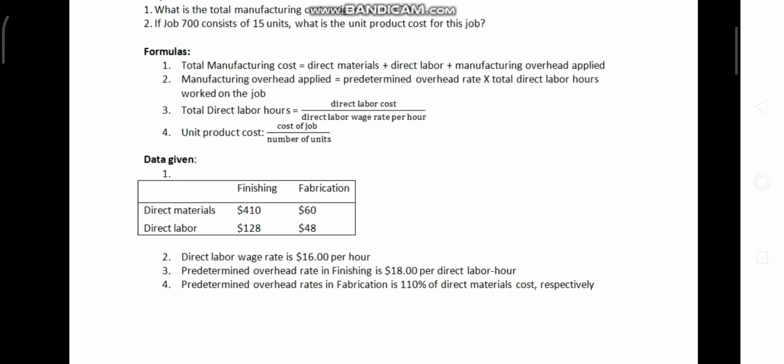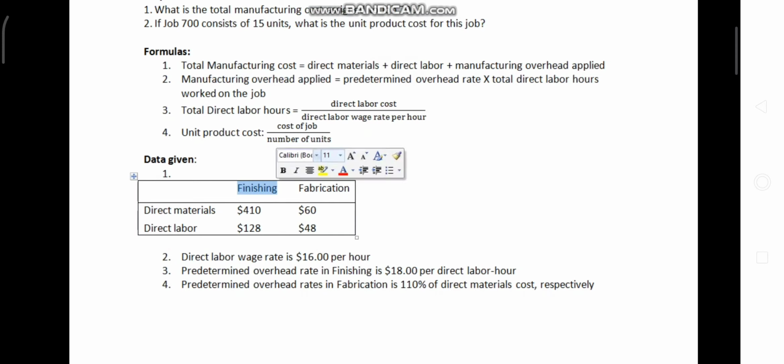Let's list that down. Direct labor cost 128, direct labor wage rate is 16, and the total direct labor hours is dividing these two values. We get 8 hours total direct labor hours. Now we have this information. We can now calculate the manufacturing overhead applied for finishing department.